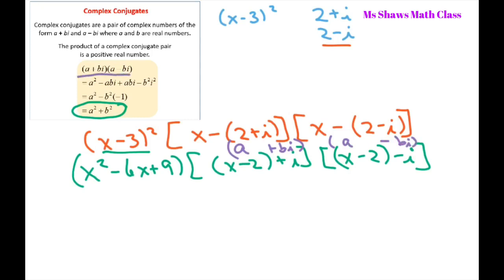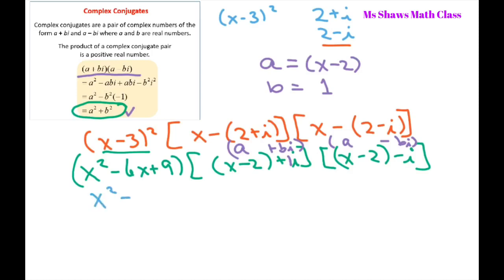And there we have this form, and we know that equals a squared plus b squared. So in our case, our a equals x minus 2, and our b equals 1. It's the number in front. There's a 1. Okay, so I'm going to go ahead and simplify further.